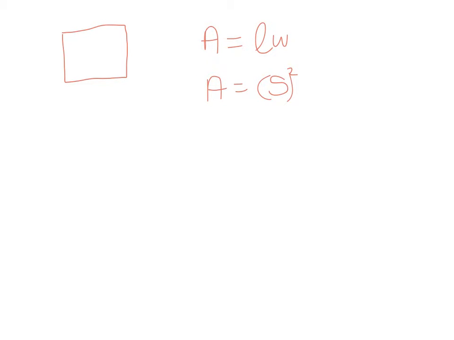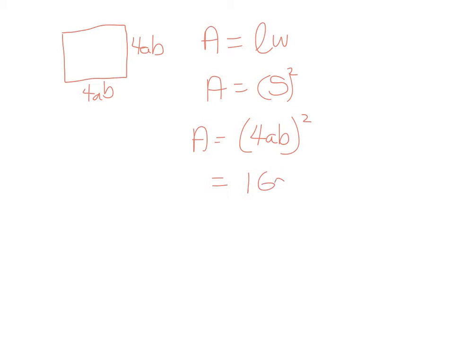Now, if the figure is a square, all the sides are the same. So the area of a square, you could do length times width, it works. Or for the area of a square, it's side squared, because all the sides are the same. So if this side is 4ab, then the other side would also be 4ab, and we could do it either way. 4ab, that whole quantity squared, means I'm putting everything to the second power.